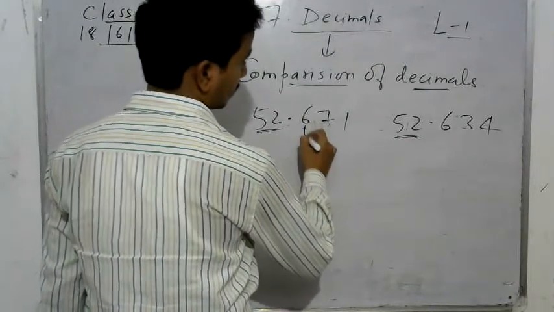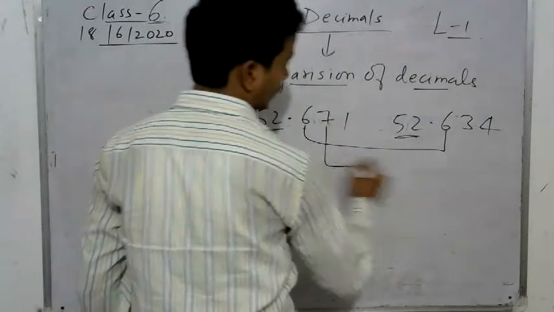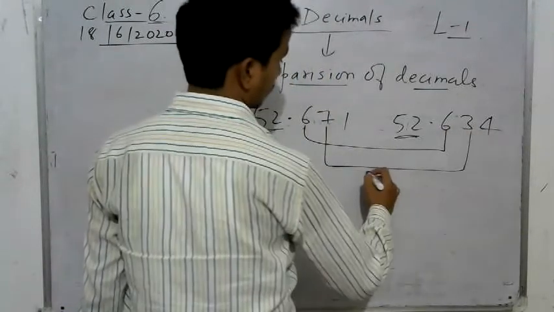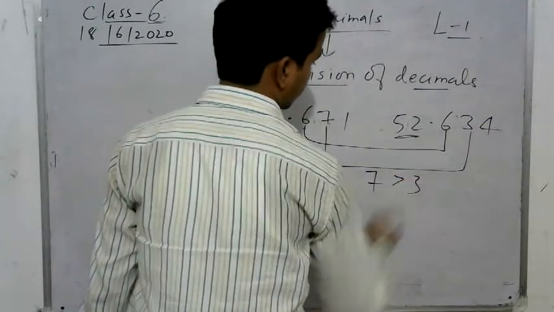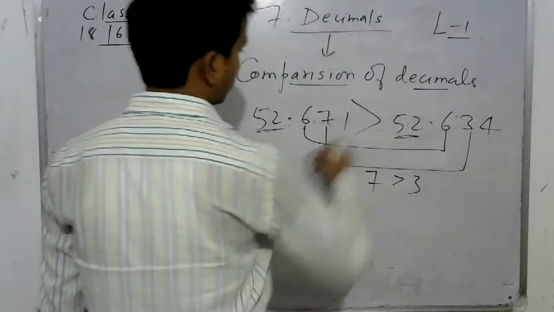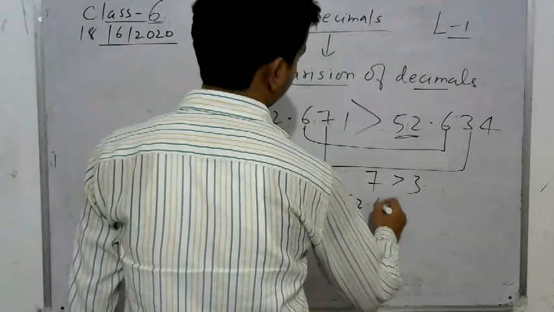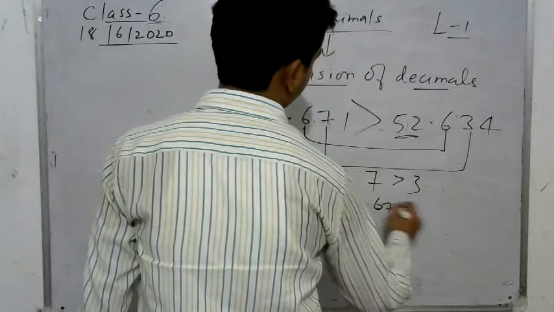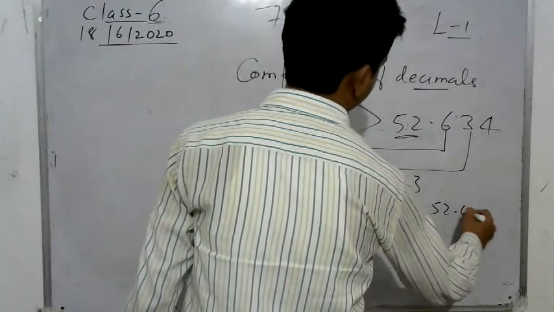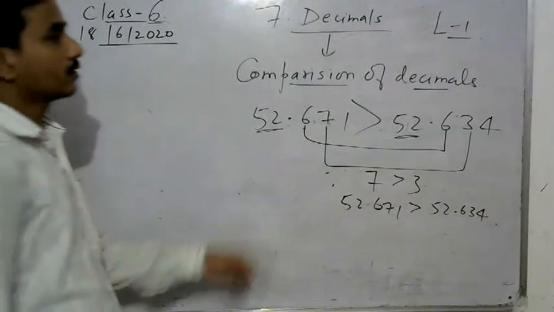First compare 6 with 6. Since these are the same, now compare 7 and 3. Since 7 is greater than 3, therefore 52.671 will be greater than 52.634. Okay. In this way, you will compare decimals.